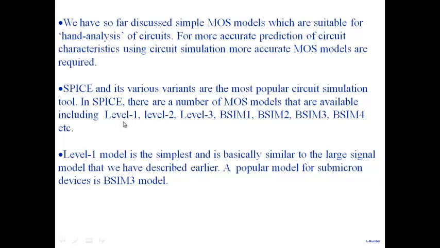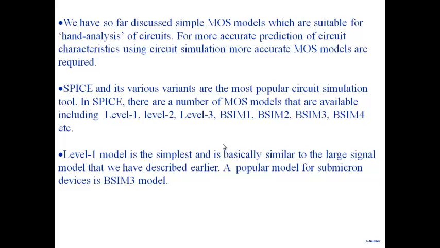As MOSFETs evolved, channel lengths shrunk and MOSFETs became more complicated, and people found that level 1 was not adequate. It was not capturing all the characteristics of the MOSFET, so they had to come up with the level 2 model. That's how, as MOSFETs have progressed, the models have also evolved in complexity.